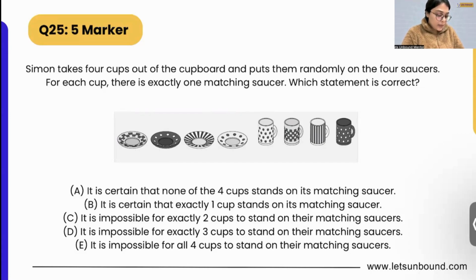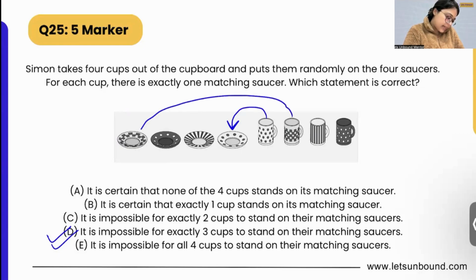D. It is impossible for exactly 3 cups to stand on their matching saucers. What do you think about this statement? It says it's impossible for exactly 3 cups to stand on their matching saucers, and this is correct. You know why? Because if 3 saucers are matched, for example, this cup matches the last one because they are of the same pattern, the second one with the first, the third one with the third, these are exactly 3 cups with matching saucers.